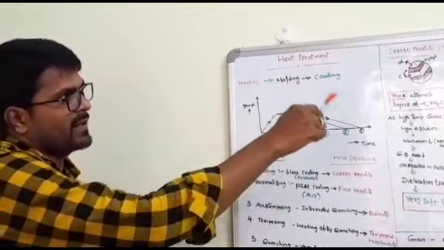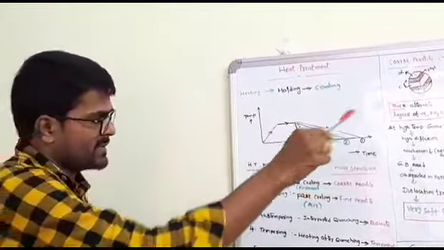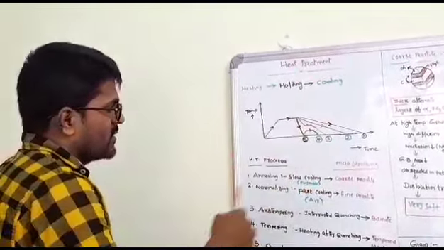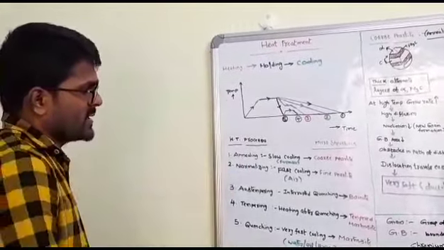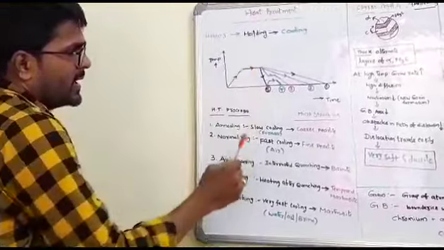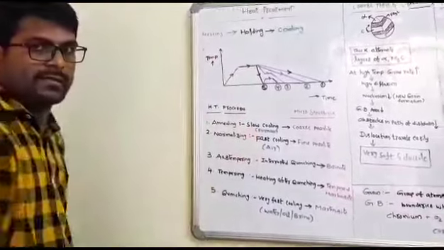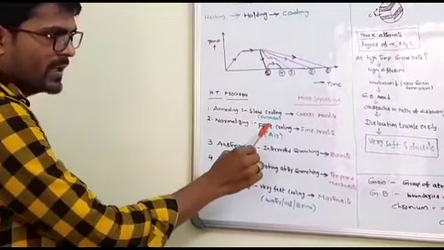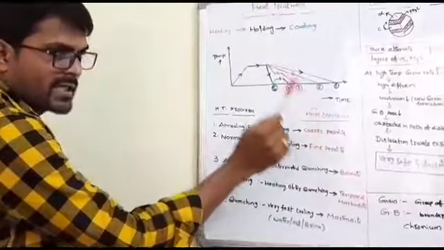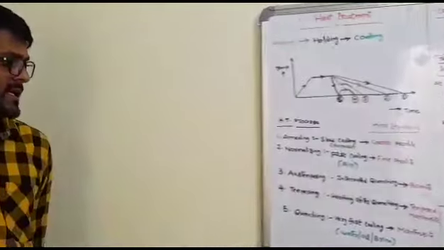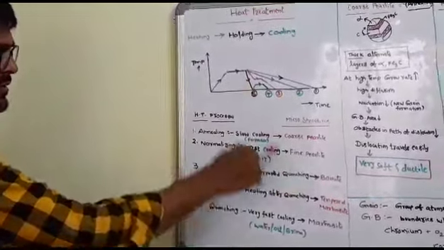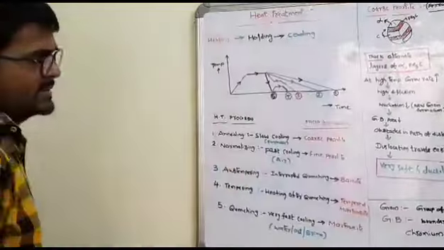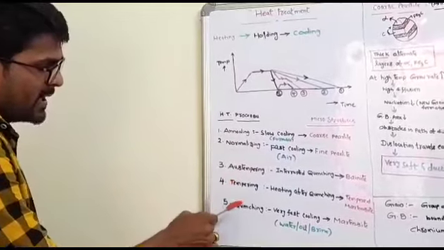After that I will explain more deeply about coarse pearlite, fine pearlite, and the other microstructures. Next one is normalizing. In this process we are heating and cooling in air, that is somewhat faster cooling. So we will get one microstructure called fine pearlite. Next process is austempering, interrupted quenching. So we will get one microstructure, bainite. Next is tempering, quenching.